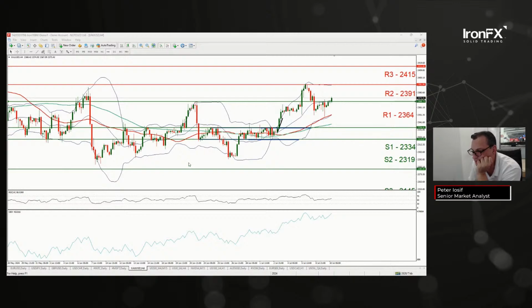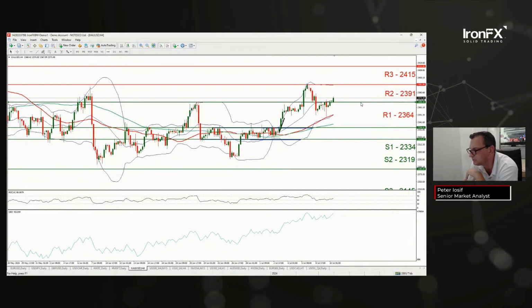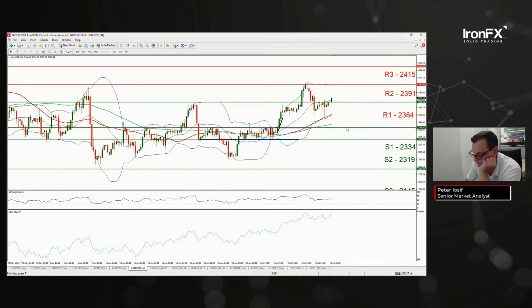In that case, that would be the 2370. A little bit lower, 68. One support line would be set here, where we have a clear touch, and that tends to imply also some resistance here.